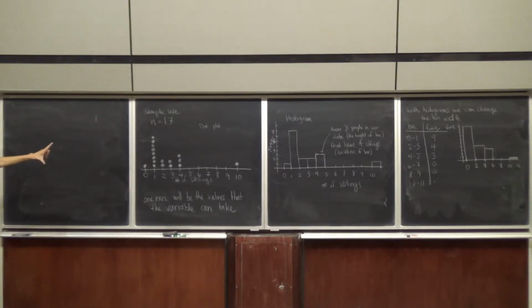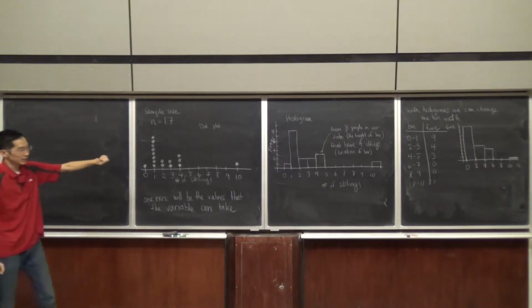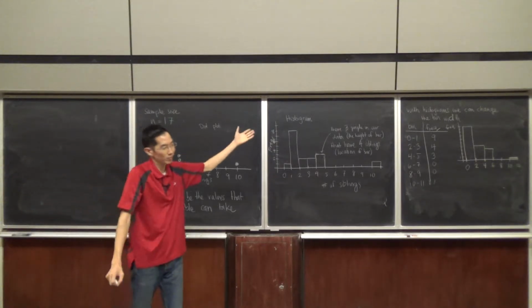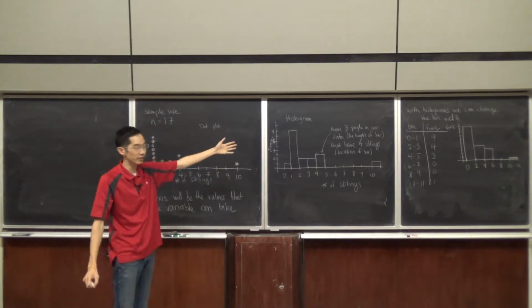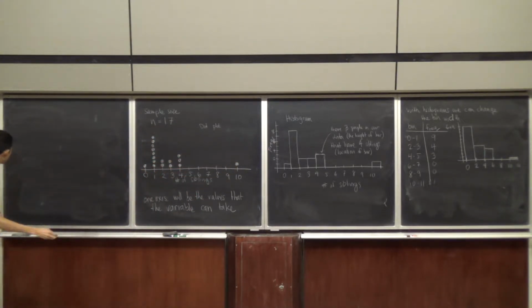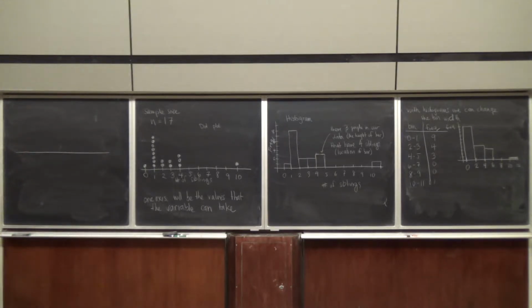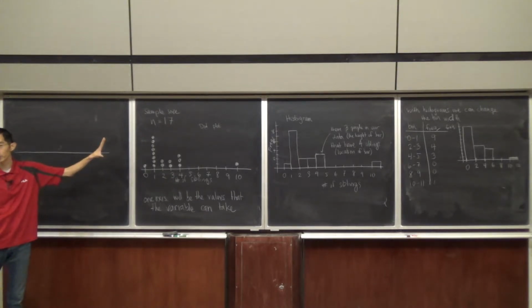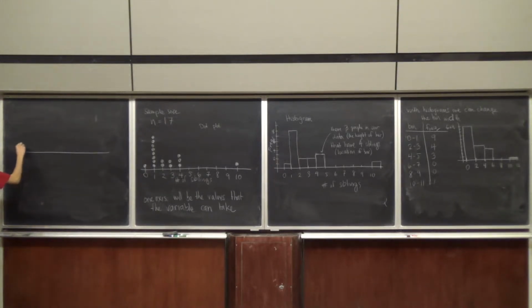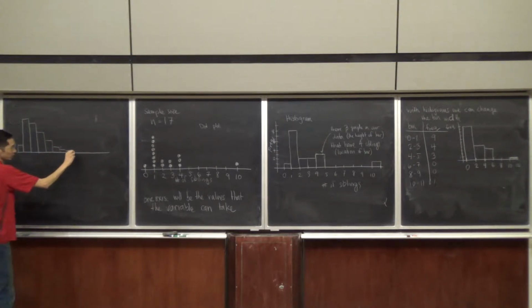All right, so in large data sets, or really any data set, we can create a histogram. And if we were to create a histogram for the number of siblings, and if we were to ask many, many people, what I would probably see is something that looks like this.